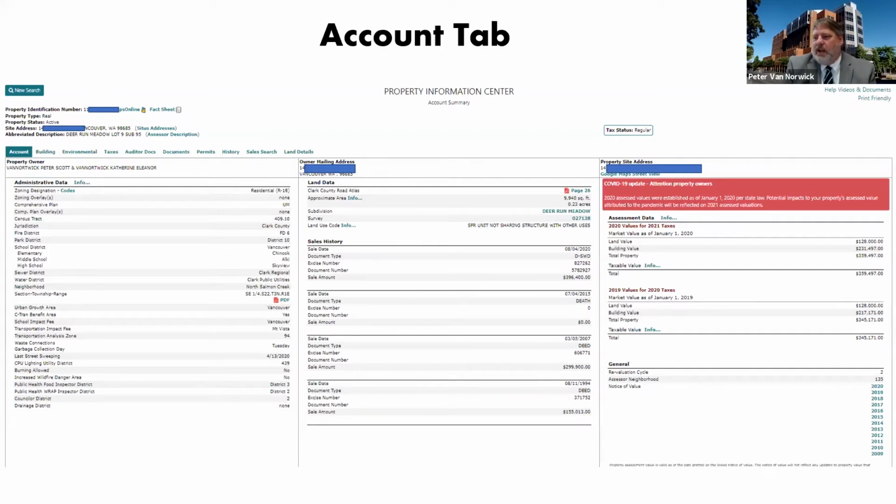The first thing I want to talk about that's very vital when you are selling a property is this box over here, the tax status box. Most of the time you're going to see that the tax status is regular, but there are a couple of others you also find on a number of properties that you're selling, and that is if they're a senior or if they're in current use.